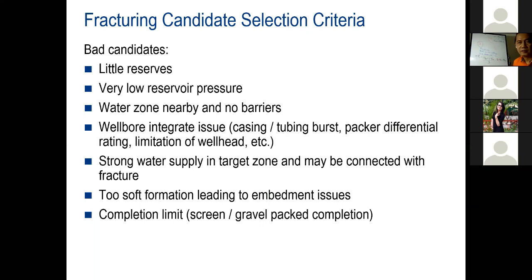I will say anything less than 0.2 psi a foot, don't try. Find anything above 0.2 psi a foot. I have been fracking for the last 23 years, and I cannot get a good result when I deal with 0.2 psi a foot or less reservoir pressure.